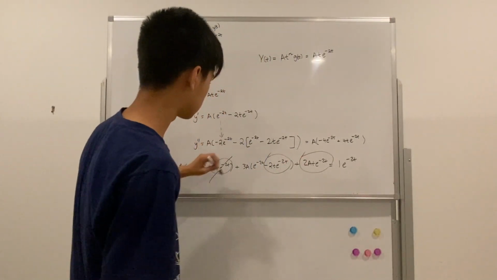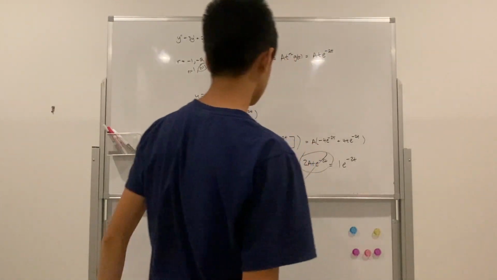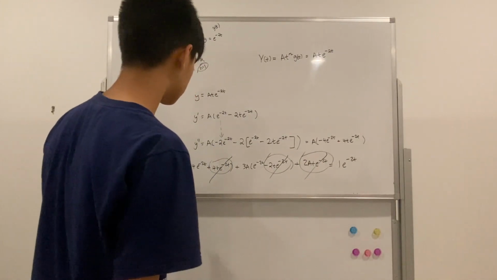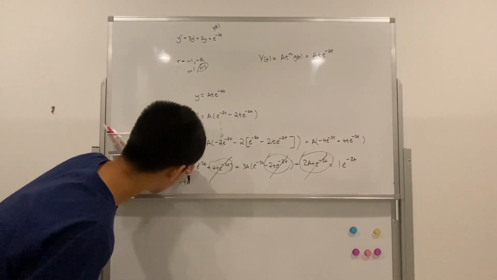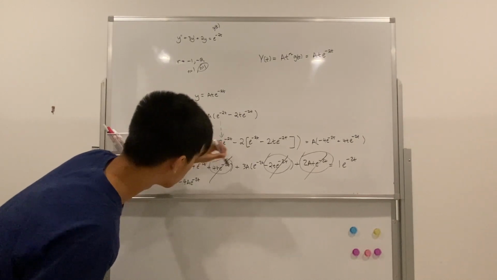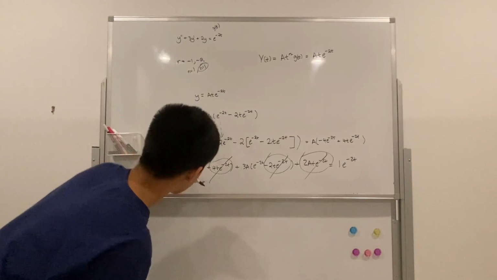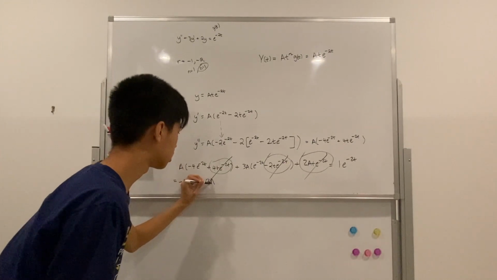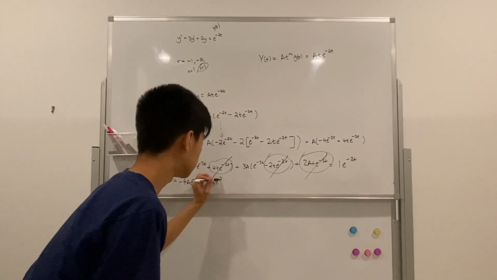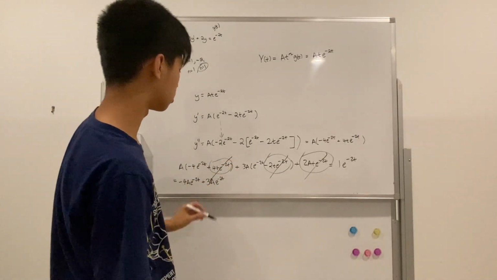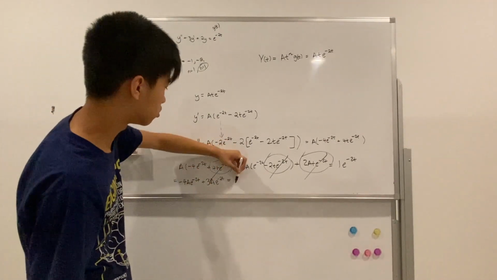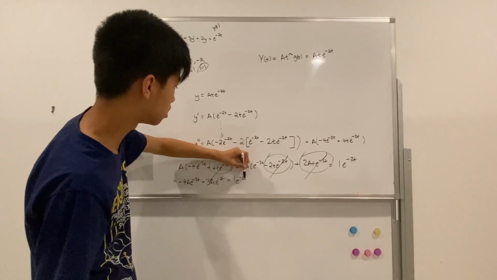So if we just use algebra, we can cancel those out, and we're pretty much left with -4A e to the -2t plus 3A e to the -2t. We don't have anything else, so that's equal to 1 e to the -2t.